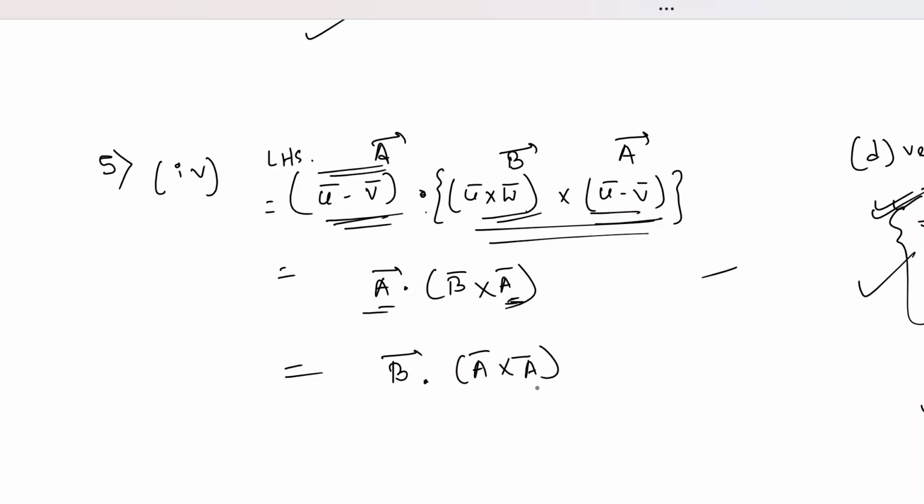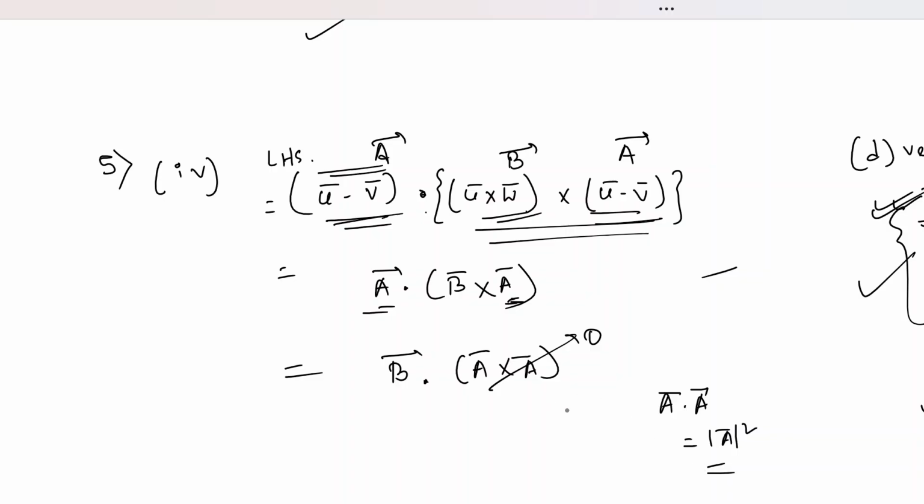So you have a cross product of a with itself, which is going to be 0. This is another known fundamental thing about cross products, which is just opposite to dot products. Whenever you take a dot product of a vector with itself, it gives you a non-zero value, the modulus squared.